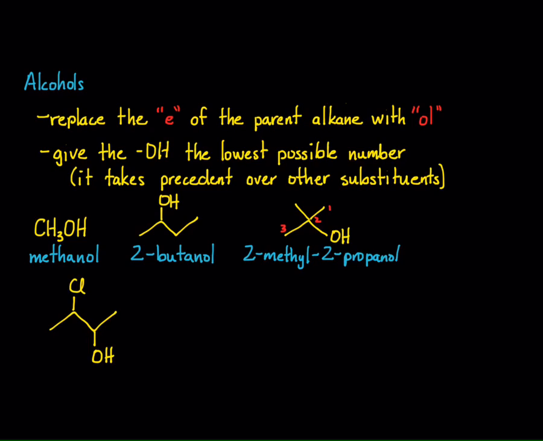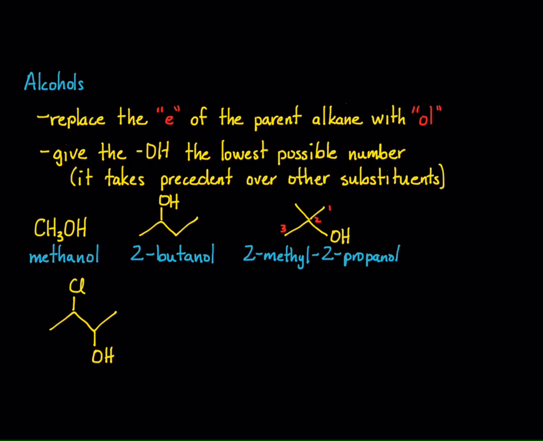And here I have 2 substituents on this 4-carbon chain. I have a halogen and I have an OH. And notice I could number this starting from the left to the right, 1, 2, 3, 4, and the chlorine would get a number 2 and the OH would get a number 3.